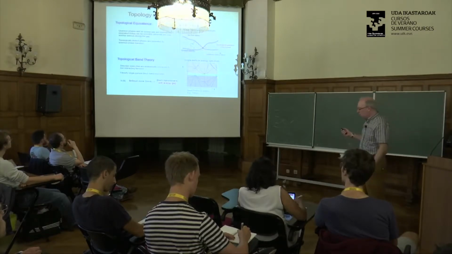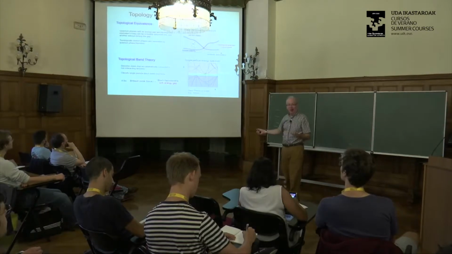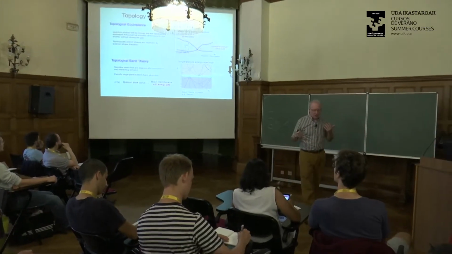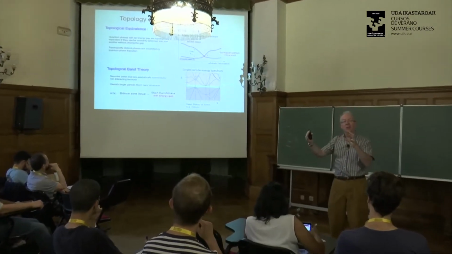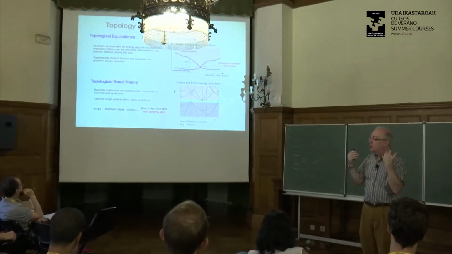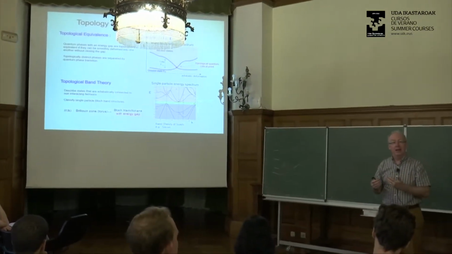Okay, and so where does topology enter into thinking about electronic phases of matter? When you think about topology, you have to think about smoothly deforming things. And where that comes in physics is through the idea of adiabatic continuity.